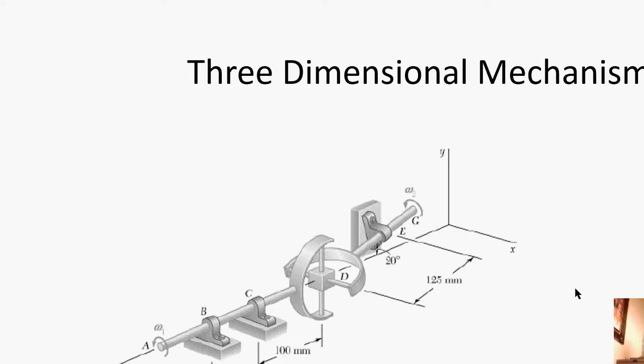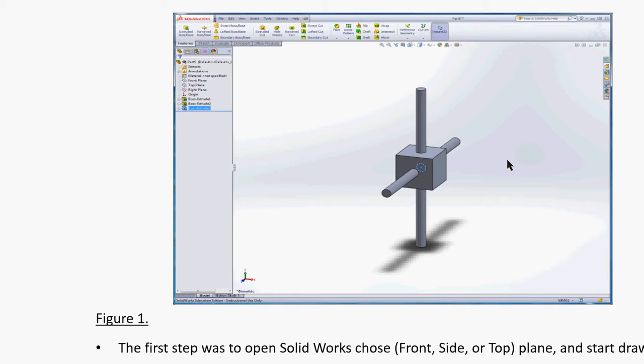Let me disappear here for now, and then we'll concentrate on this more directly. In this figure I outline the steps, which are to open SolidWorks, choose the front, side, and top planes, and start drawing.